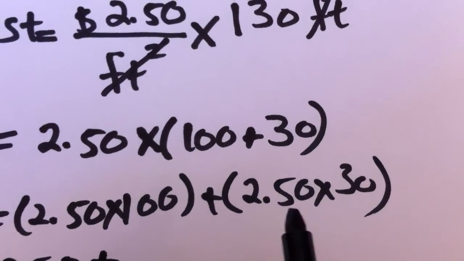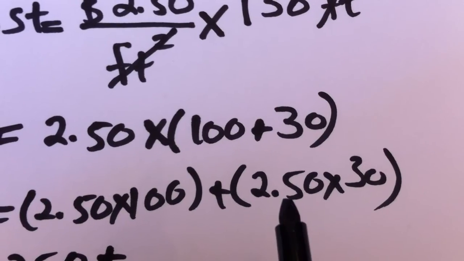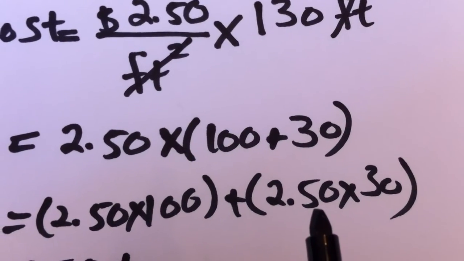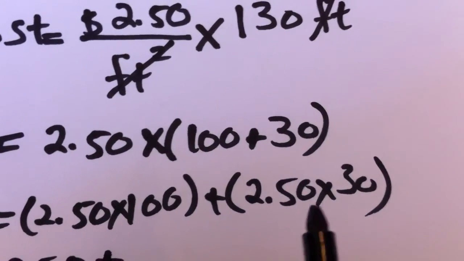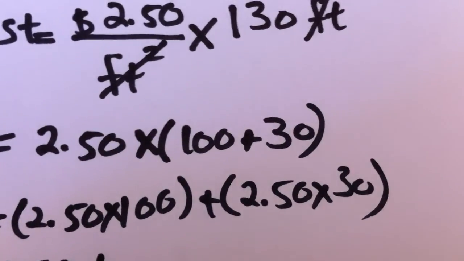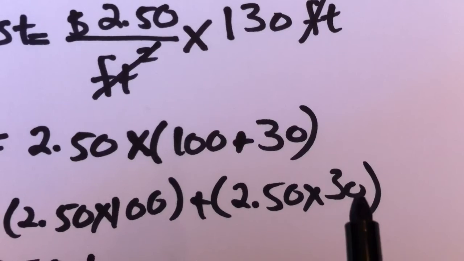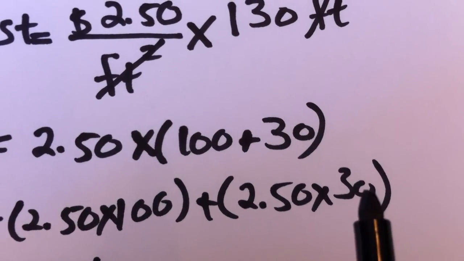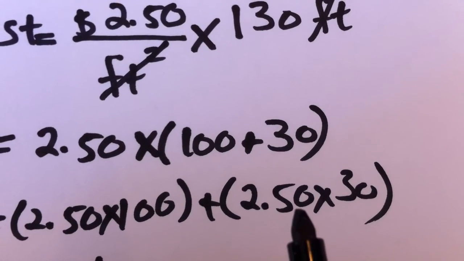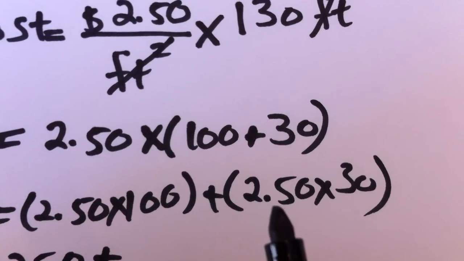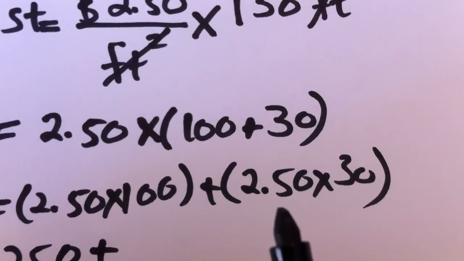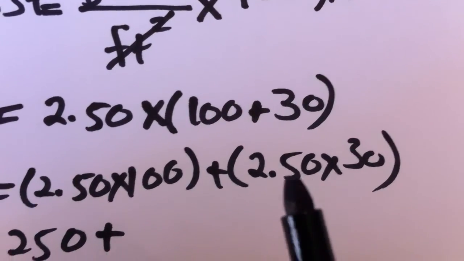So 250, we'll just add 250 3 times. 250 plus 250 is 500, plus 250 is 750. And because we're multiplying by 30, we'll add a 0 to the right, because it's like 3 times 10. So the 0 will just move the decimal point 1 to the right. So that will be 75.